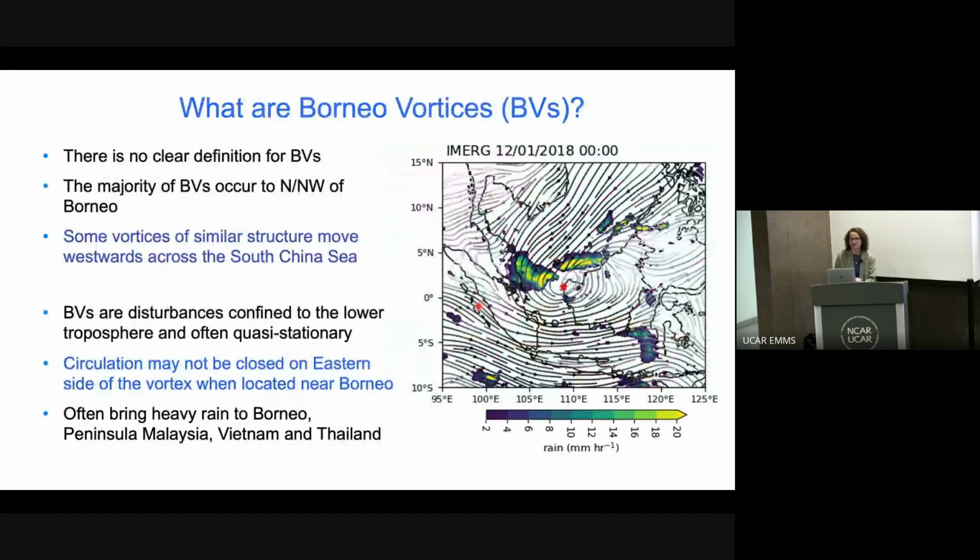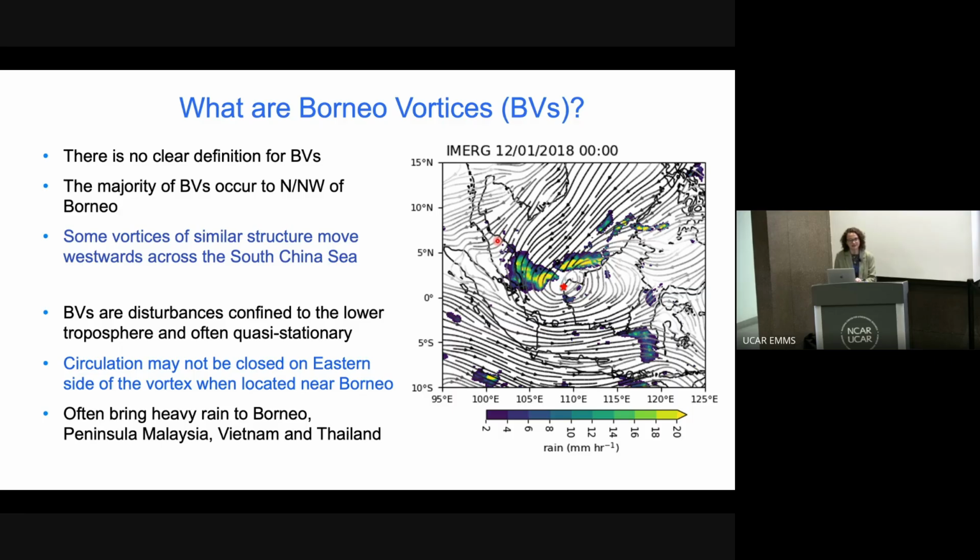So the first thing is, what are Borneo vortices? An example of a Borneo vortex is shown here on the right-hand side. You can see the Borneo vortex in the streamlines. The star indicates the center, and you can see the precipitation to the northwest of the vortex. In the literature, there is no clear definition of what a Borneo vortex is. Most of them occur in the northwestern part of Borneo, but there are also vortices with a similar structure that move east-westward through the South China Sea.